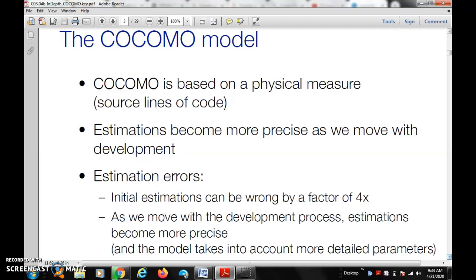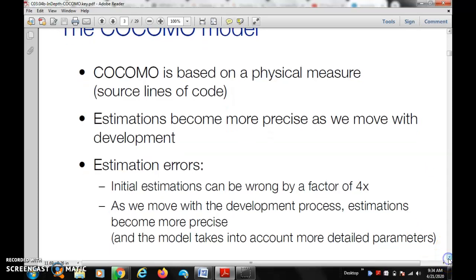The estimation error: initial estimations can be wrong by a factor of 4. And as we move through the development process, estimation becomes more precise and takes account of more detailed parameters.